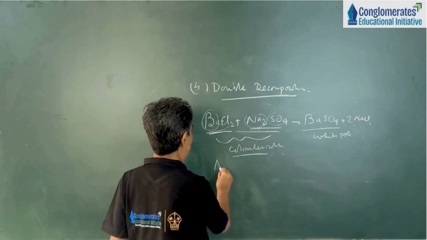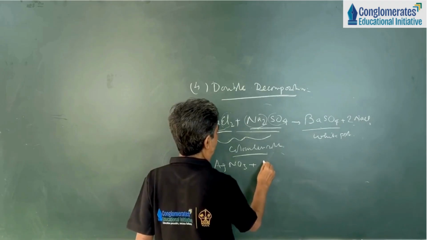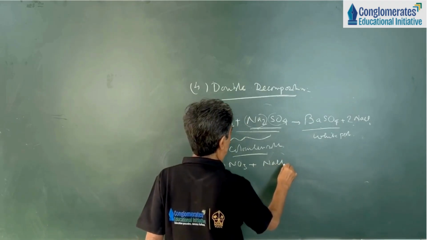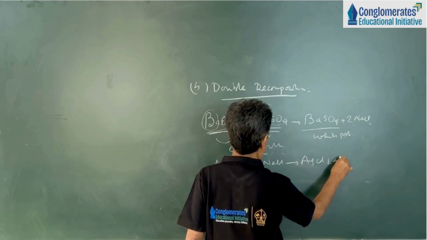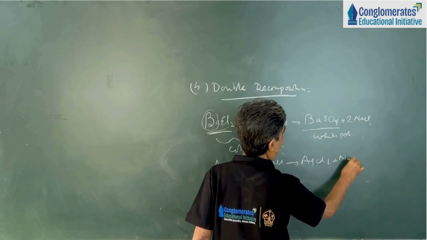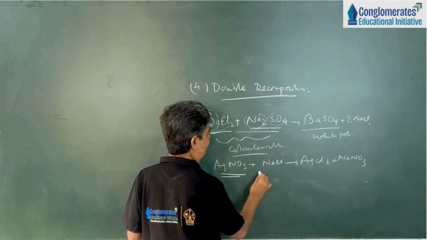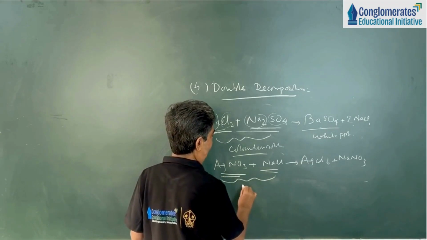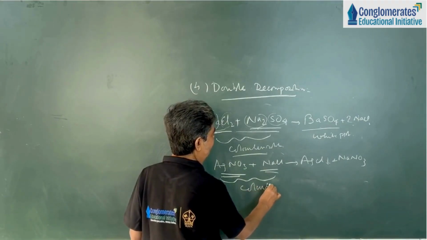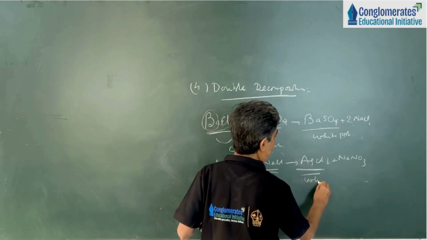Similar example, silver nitrate plus sodium chloride. We get what? Silver chloride plus sodium nitrate. Now you know that silver nitrate is a colorless solution. Sodium chloride also, you know, the Tata salt, the aqueous solution is colorless. But the interesting part is that when they mix with each other, we get the white precipitate of silver chloride.